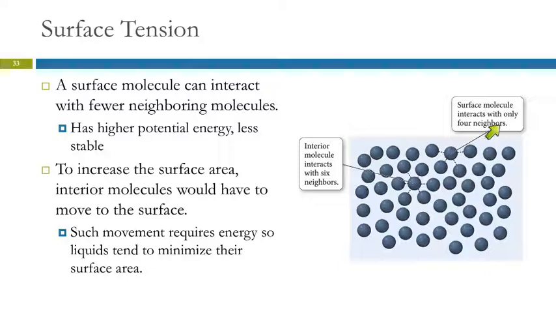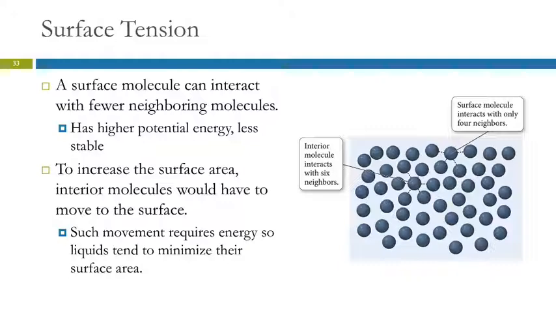So if we look at a two-dimensional slice of water, we see that molecules in the interior are going to be attracted to water molecules all around them. So this one might be interacting with 6 different neighbors, whereas this surface molecule is interacting with only 4 neighbors because it's on the edge. It has nobody on this side to interact with.